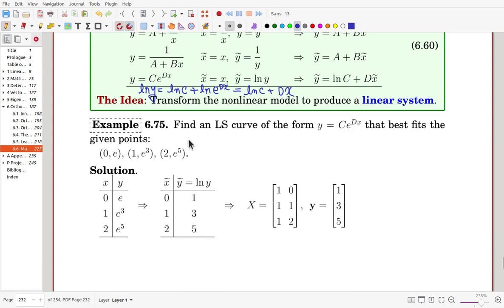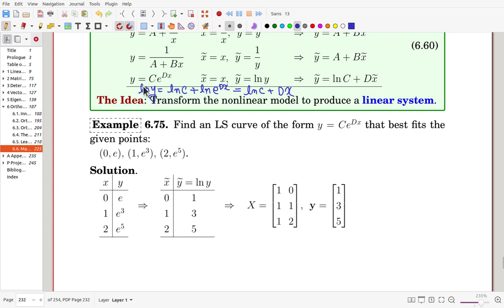Okay, let's try to solve this problem. Find a least squares curve of the form y equals c times e to the dx that best fits the given points. In the table of data points, x is 0, 1, 2, and y values are e to the 1, e to the 3, e to the 5.